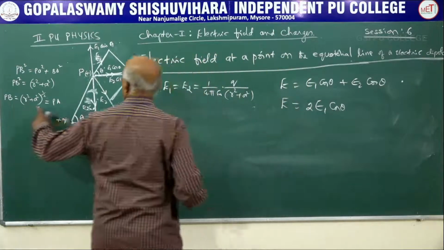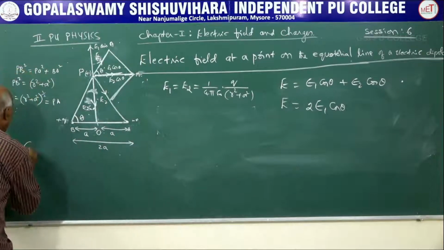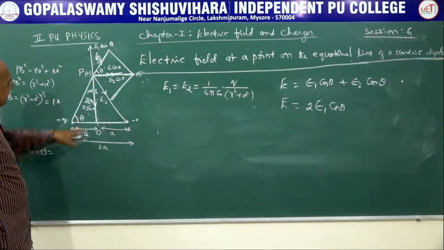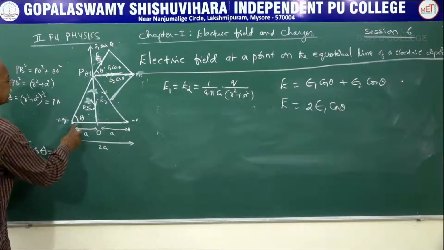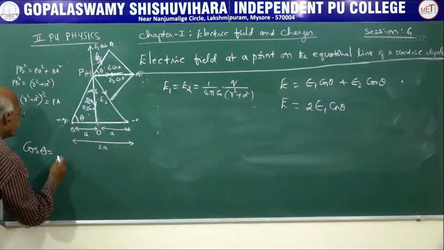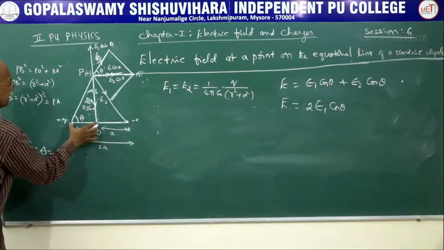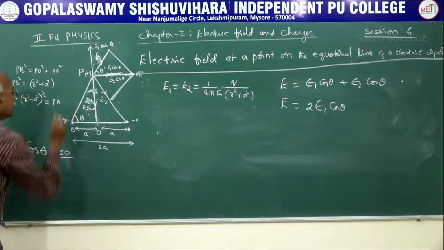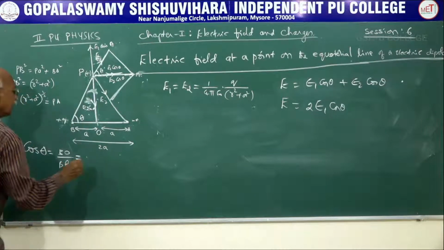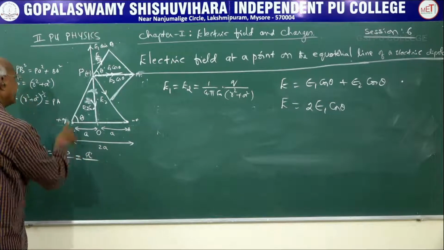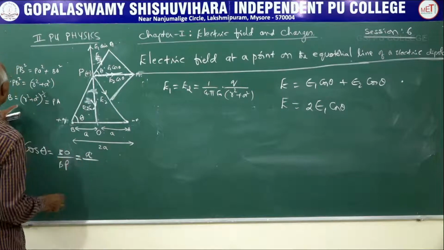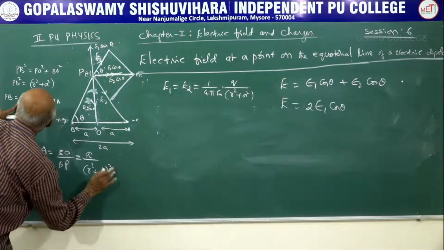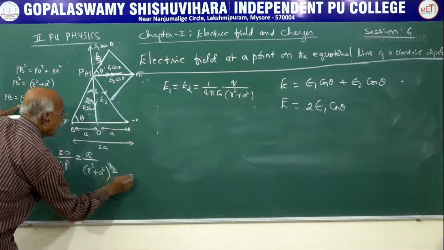Then from the diagram, cos theta is equal to A, this distance, or otherwise cos theta is equal to BO by BP. Therefore this is equal to A by BP, which is calculated as R square plus A square to the power of half.